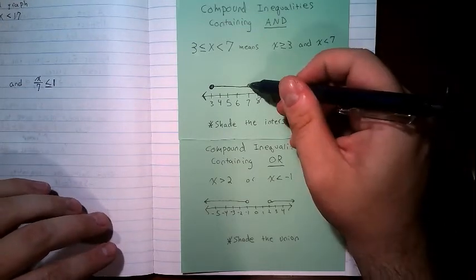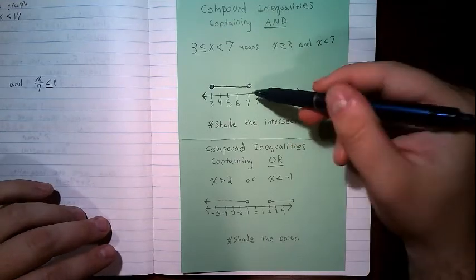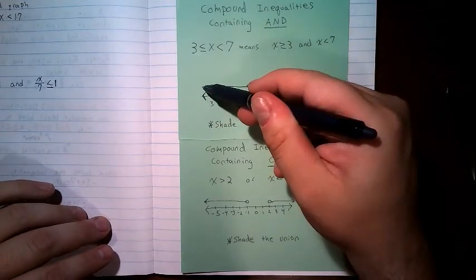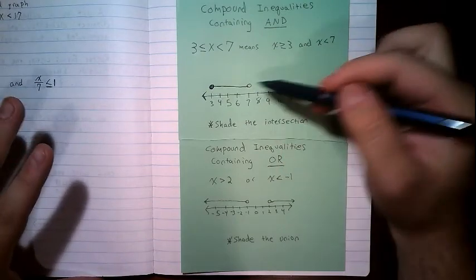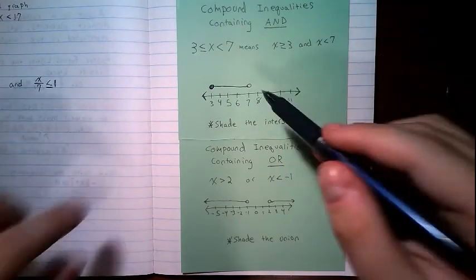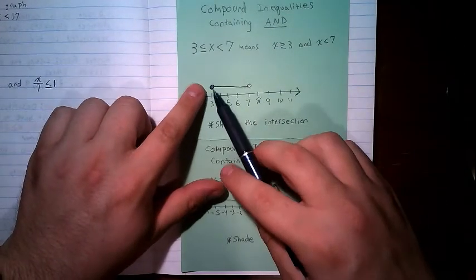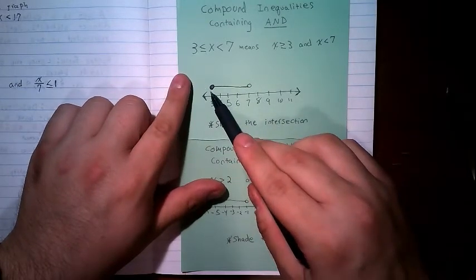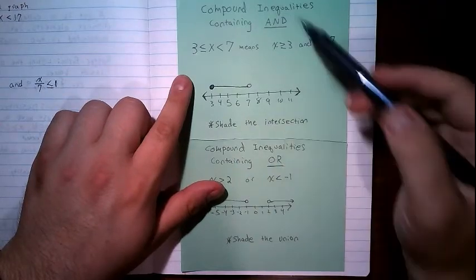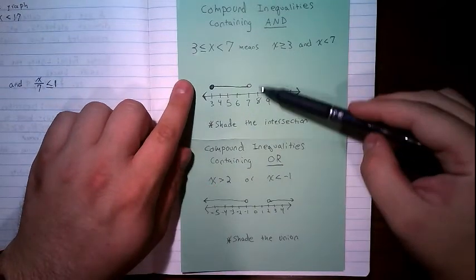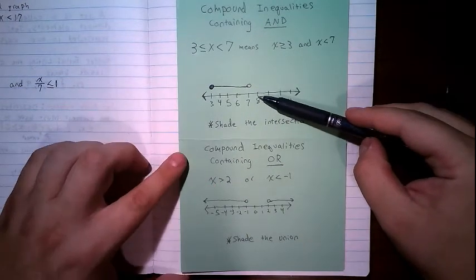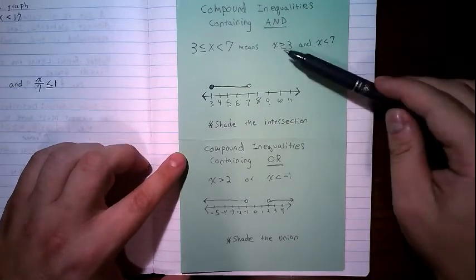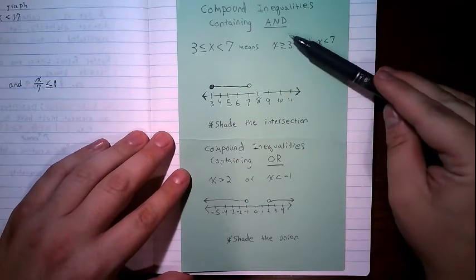So that would be an open circle and all those numbers to the left. So when I put that together, you can see that x has to be between 3 and 7, but it can be 3. And as we start solving compound inequalities, you'll see how the graph is made. So those are and inequalities.